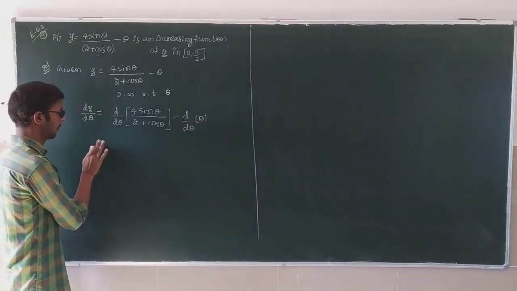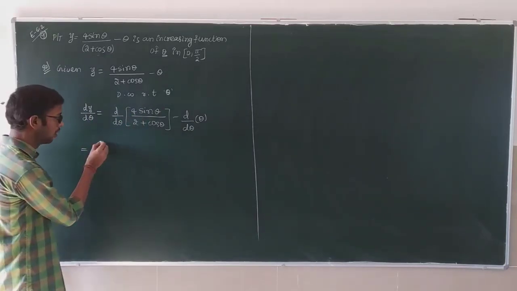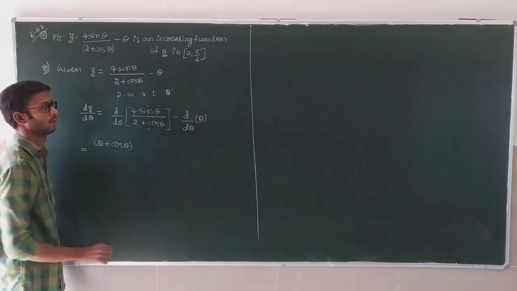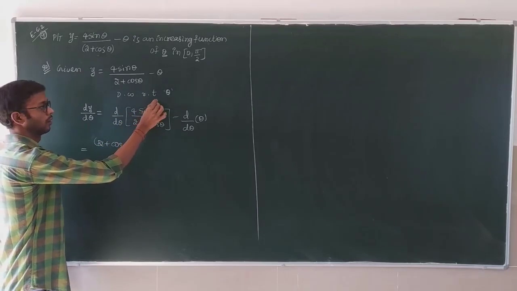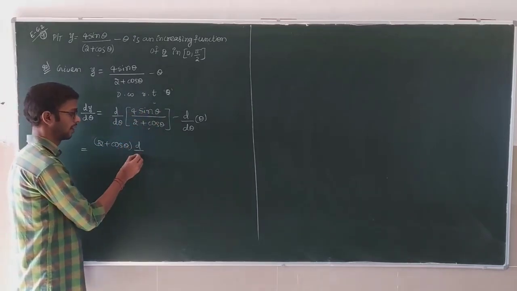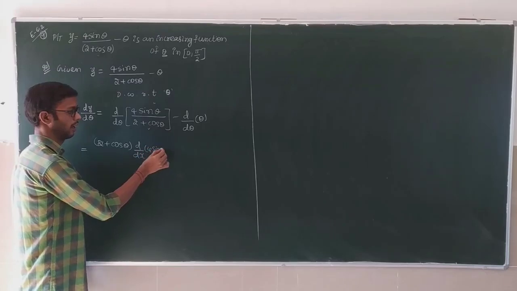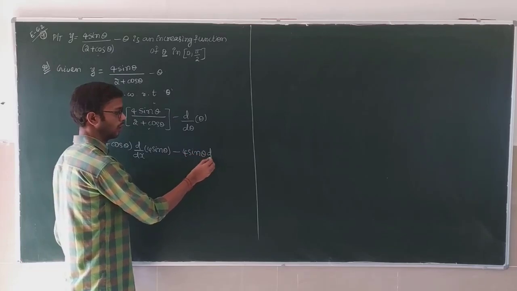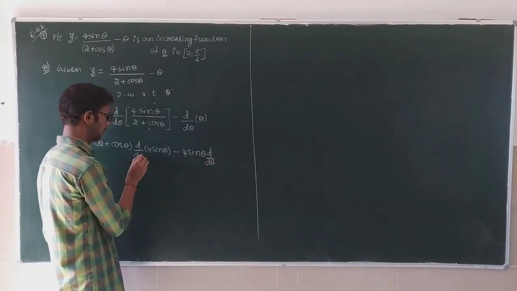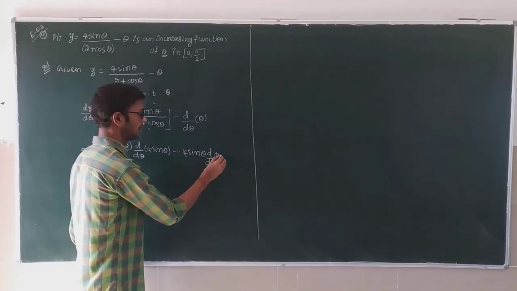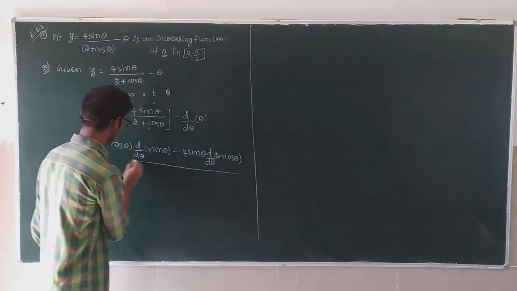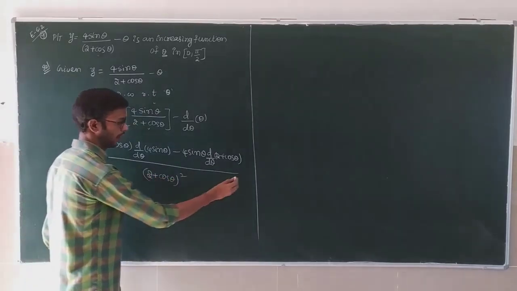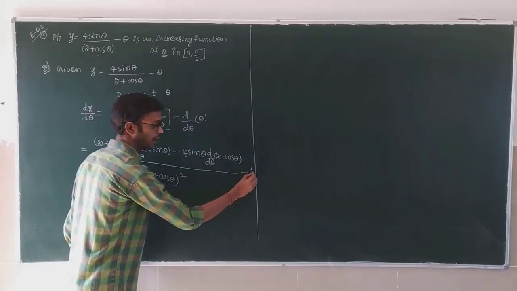Use the u by v formula. This is v, this is u. So v into u dash, d by d theta of 4 sin theta, minus 4 sin theta, u into d by d theta of 2 plus cos theta, whole divided by 2 plus cos theta whole squared, minus the derivative of theta, which is 1.